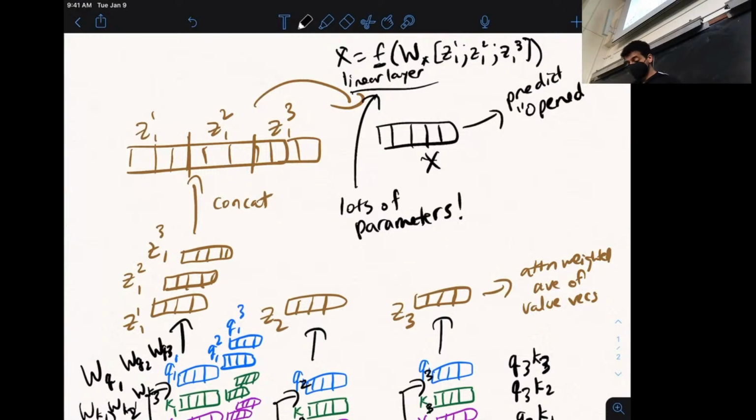You can imagine maybe even putting an RNN over these Z vectors, or even just averaging the Z vectors, or doing something else. The answer to all of these kinds of questions is unsatisfying. This is what the Google researchers who invented the transformer found performed best, and so they used it.